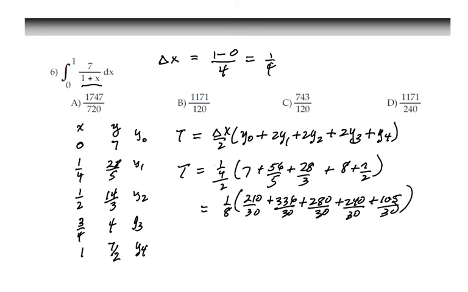Adding all that up, we get 1/8 times 1171 over 30, which turns out to be 1171 over 240. And so that's our last example using the trapezoidal rule.